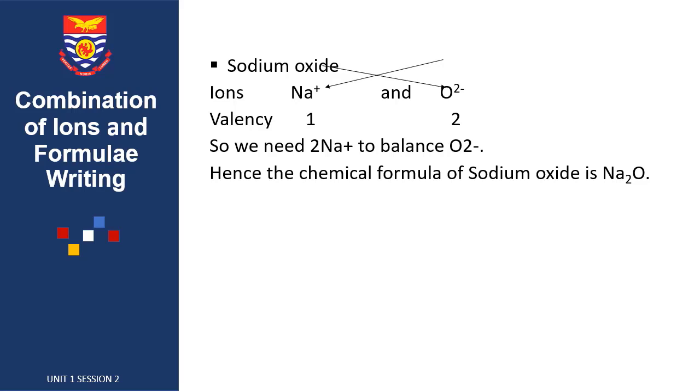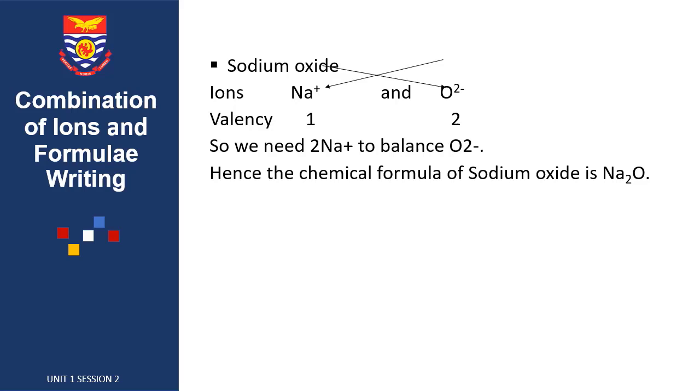But in order to make it simple and easy for you, it is good to just swap the valencies as the number you are going to use to multiply. So for this, when we are going to write, we are going to give 2 to the sodium ion and 1 to the oxygen ion.